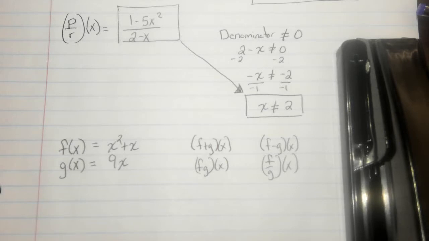Yeah, the answer would be x squared minus 8x, because you just combine the x and the 10x. And then for the multiplication one, I got 9x cubed plus 9x squared.